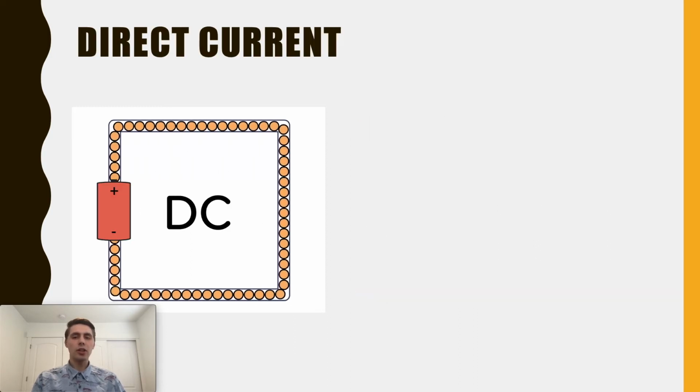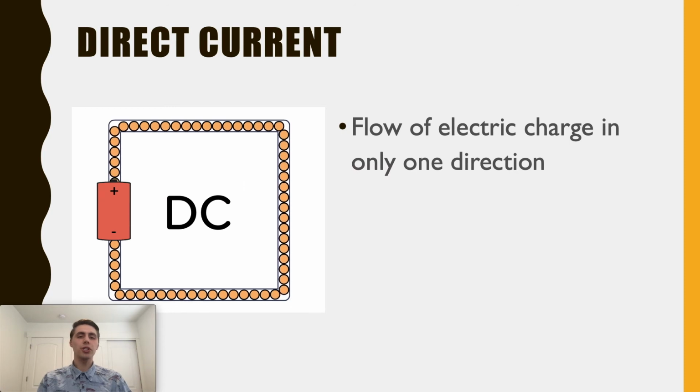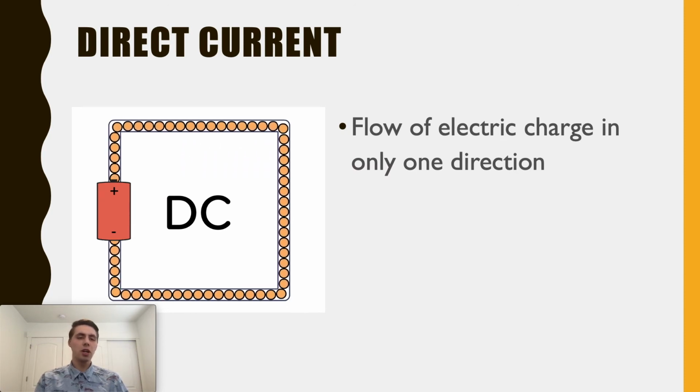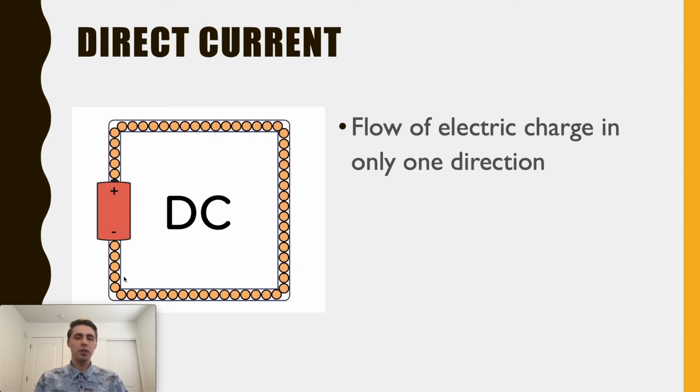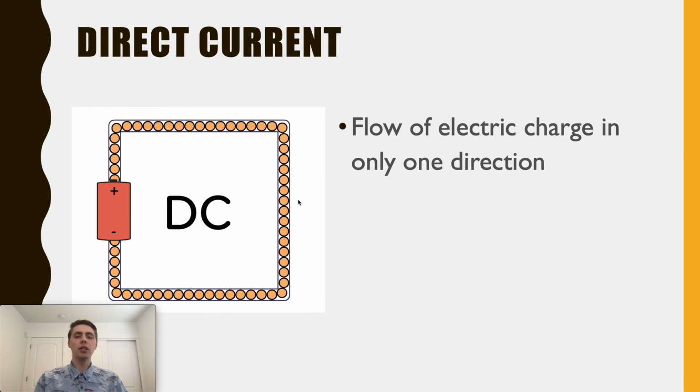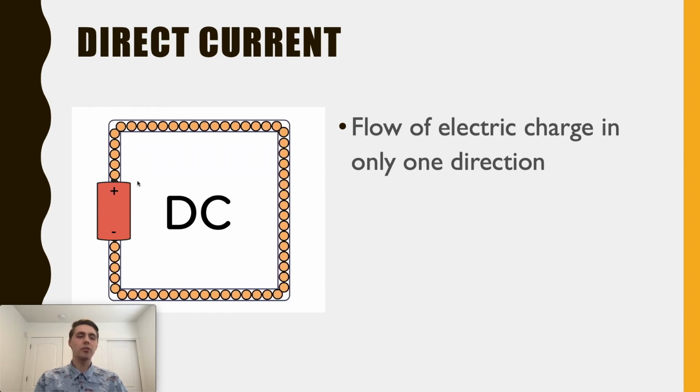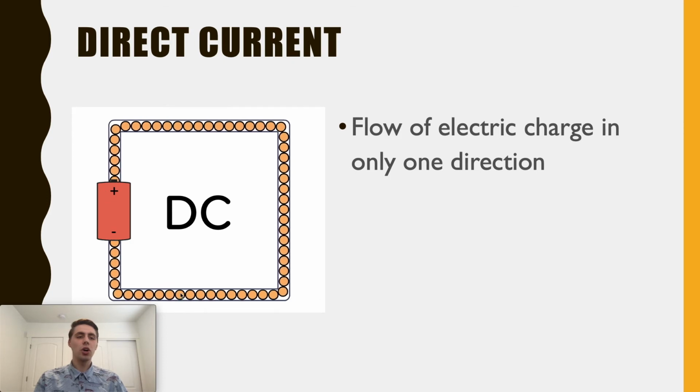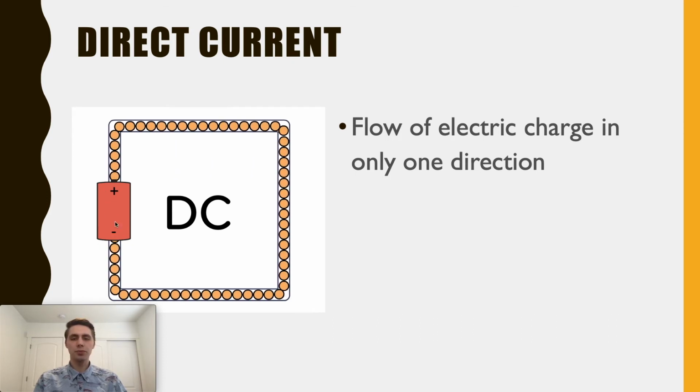Now we have direct current, which is the flow of electric charge in only one direction. We've got another handy GIF here, and you can see how the current is flowing in a loop. It's going from an area of high voltage potential all the way around to low voltage potential.